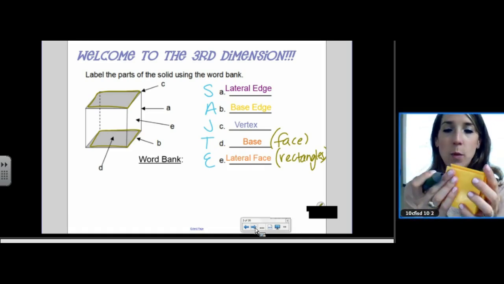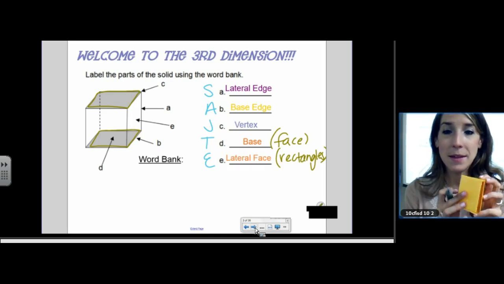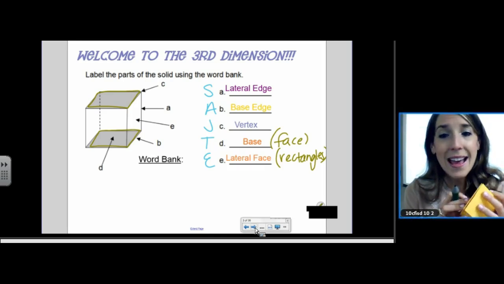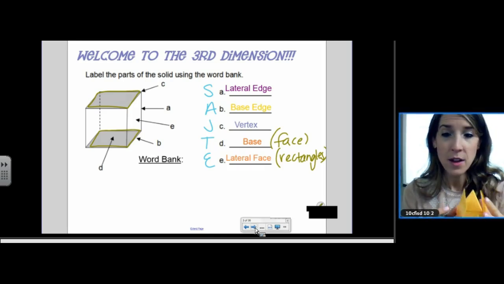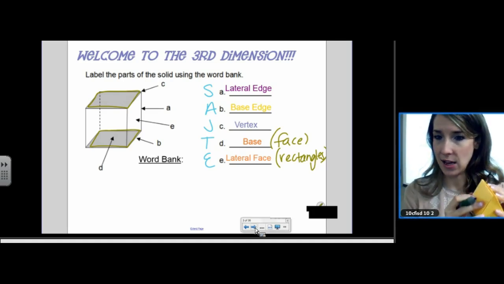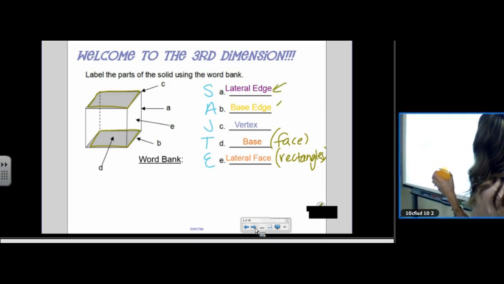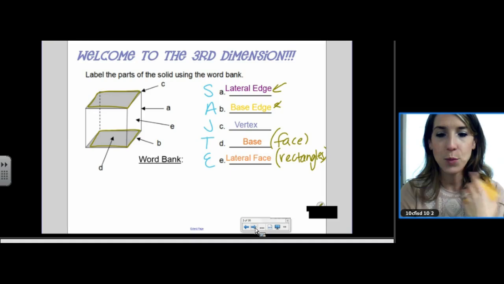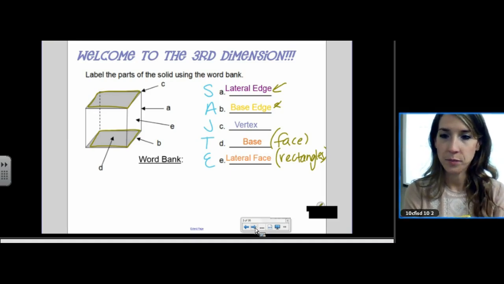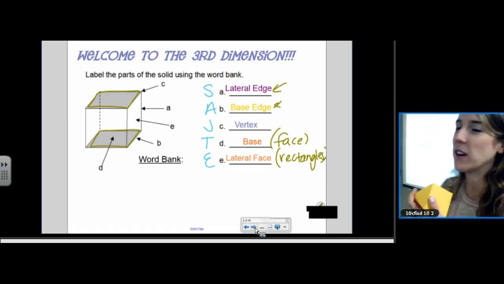A vertex is where your segments meet up, and an edge is where your faces meet up. So when a face meets a face, you get an edge. Now, one of those edges is the height of your figure. Which edge would be the height of your prism? The lateral edge or the base edge? Yeah, and we'll talk about that more as well.